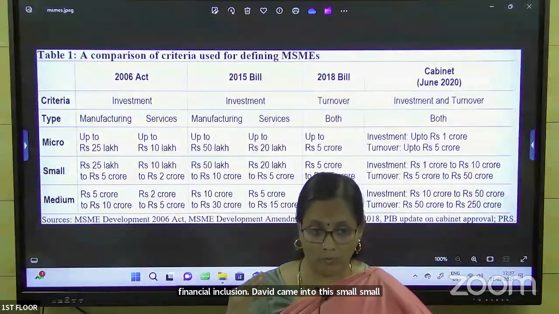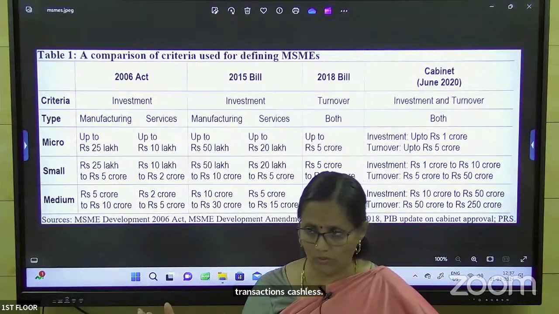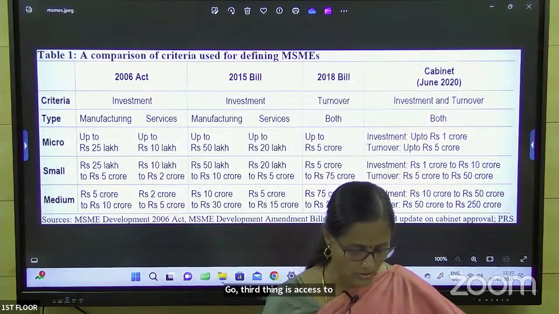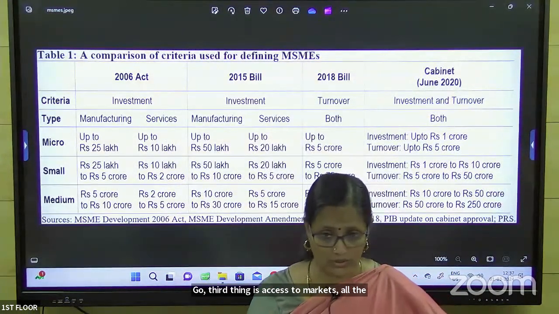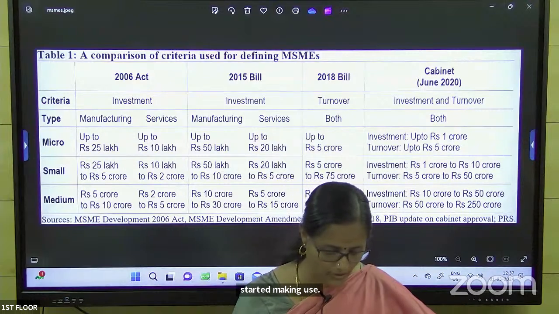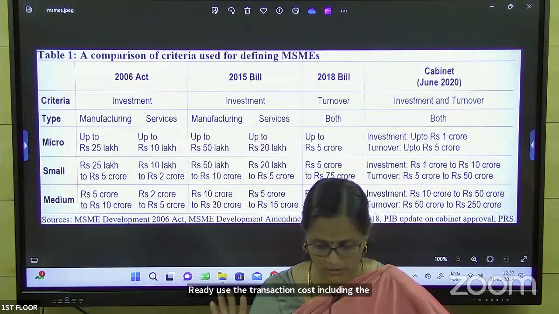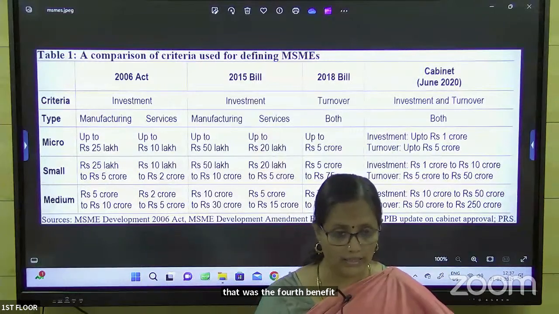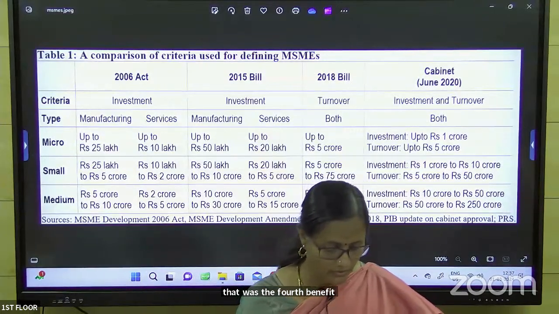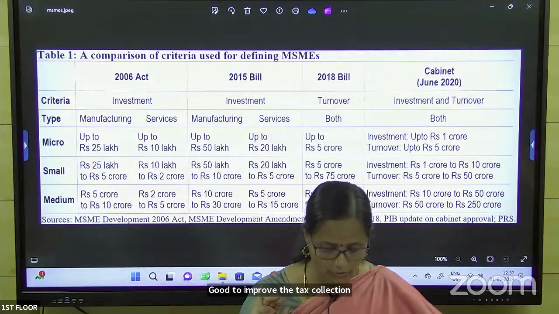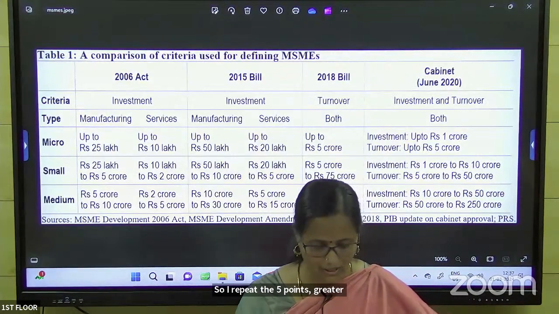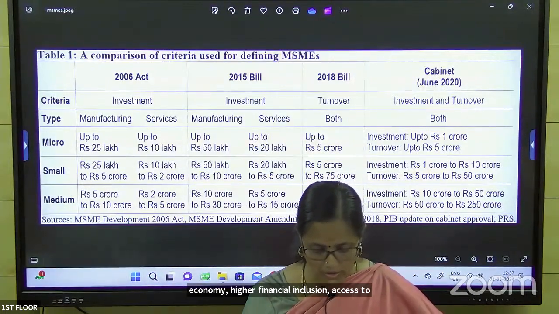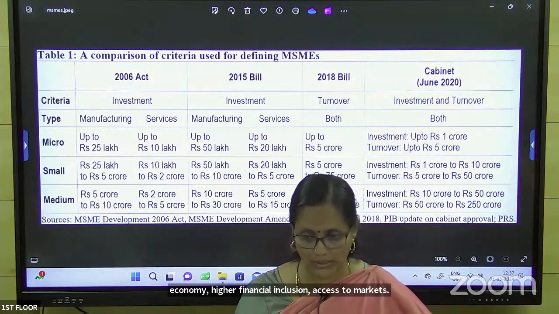Third thing is access to markets. All the e-platforms, including Amazon and Flipkart, you started making use of. Reduced transaction cost, including for the farmers, everybody got benefited. That was the fourth benefit. Fifth is improved tax collection. So I repeat the five points: greater formalization of the economy, higher financial inclusion, access to markets, reduced transaction costs, and improved tax collection.